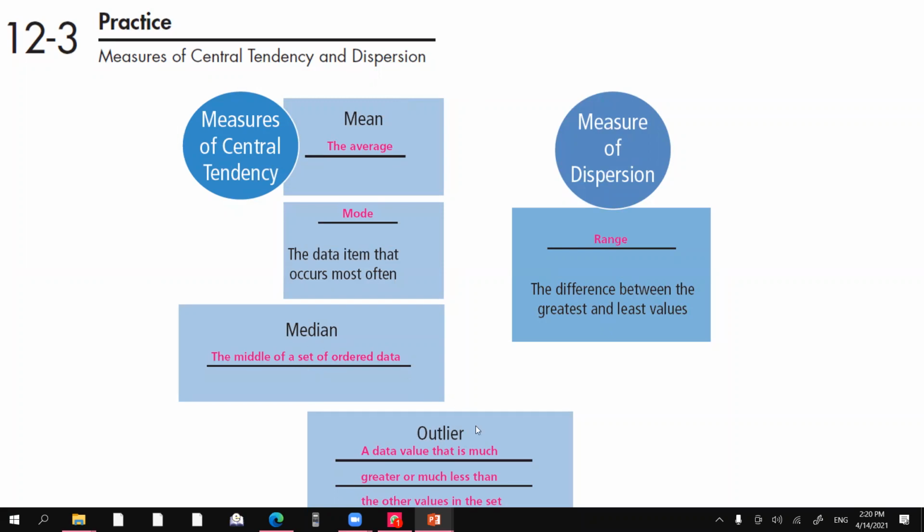And the median, from its name, since the letter D is in the middle, I'm talking about the middle of a set of ordered data. And the measure of dispersion is the range, which is the difference between the greatest and the least value. These are the mean, mode, median, and range.